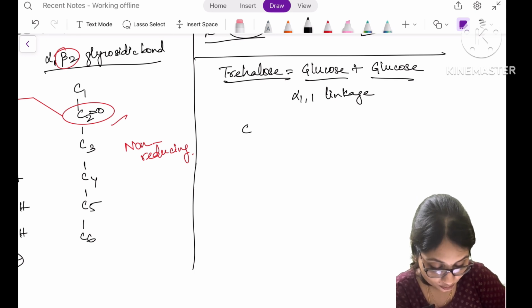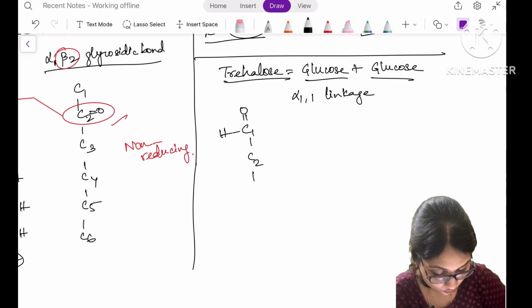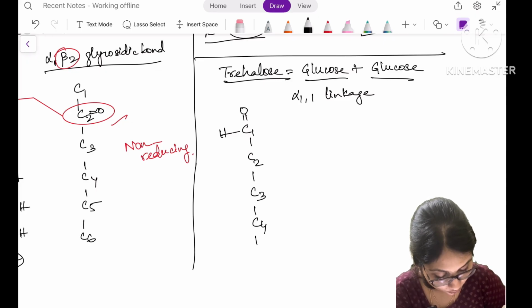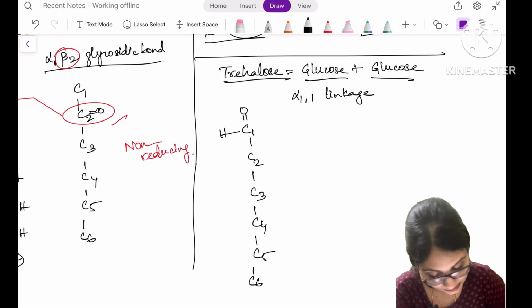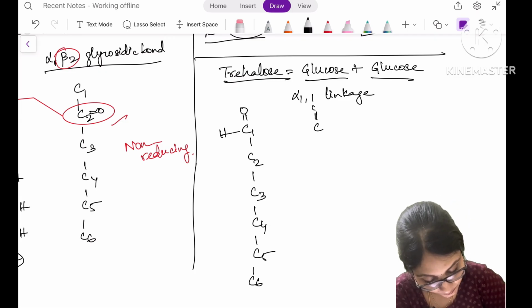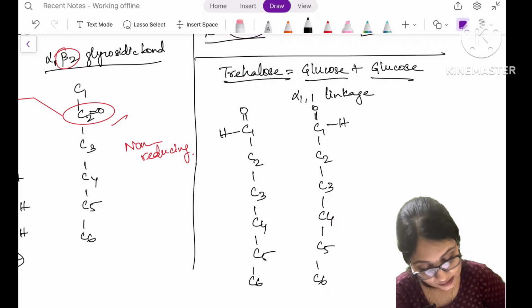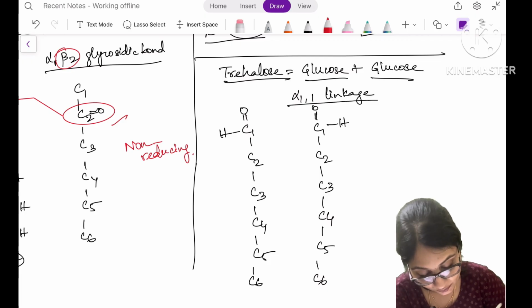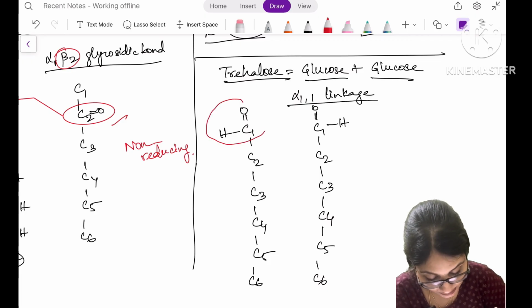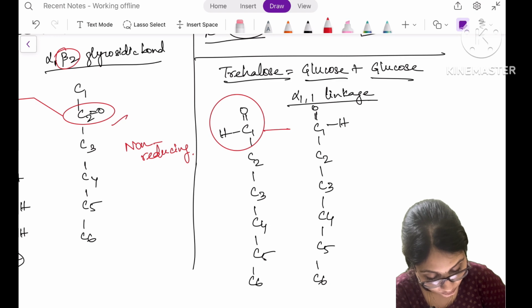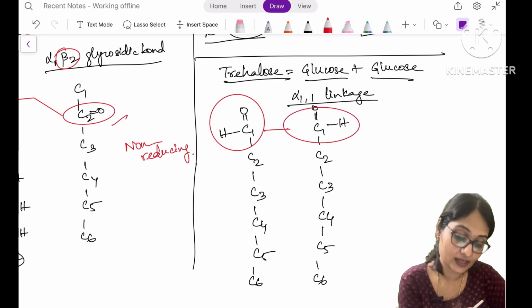I'll simply draw the schematic: this is C1, C2, C3, C4, C5 and C6, and we have another glucose, C1, C2, C3, C4, C5 and C6. So it is an alpha 1,1 linkage, which means this is the first carbon which is involved in a glycosidic bond with the first carbon here.